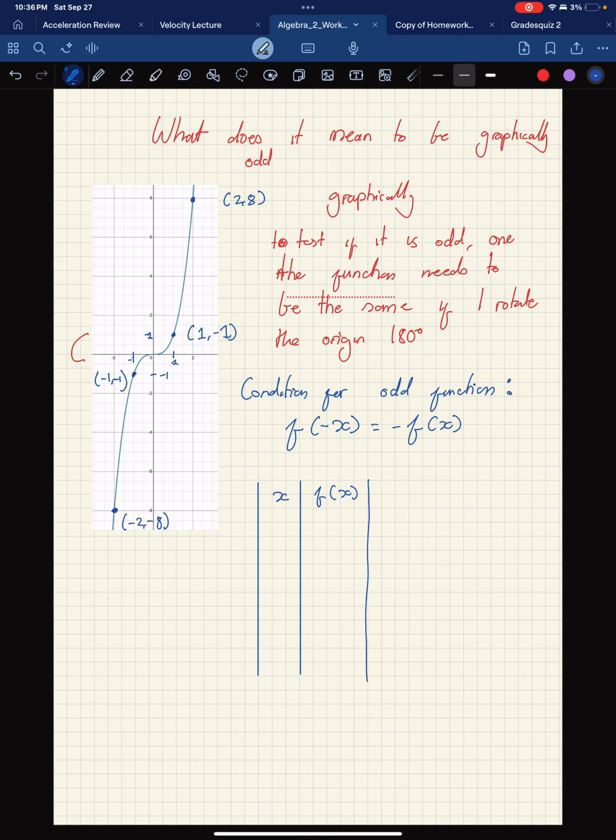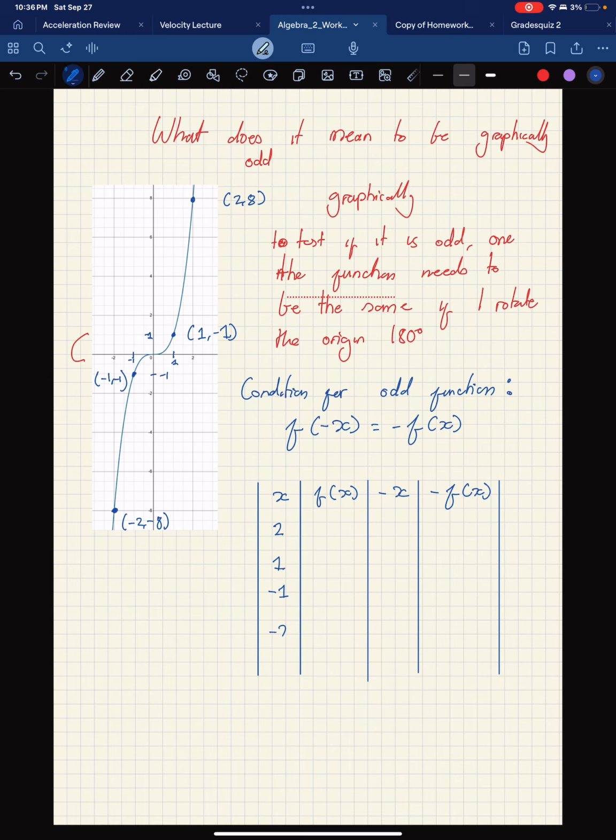And then we'll say minus x right here, and we'll give it some minus f of x. Nice. So what are our x values? Just our regular x values. We got 2, we got 1, as well as -1, and then -2.